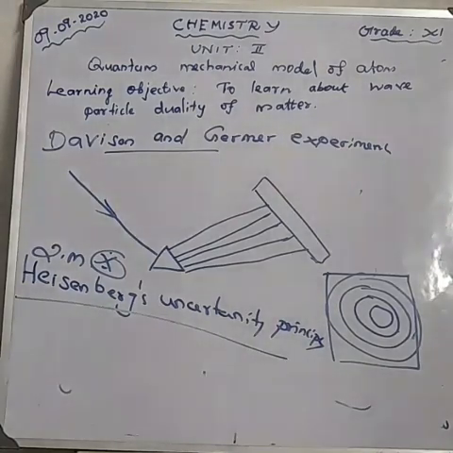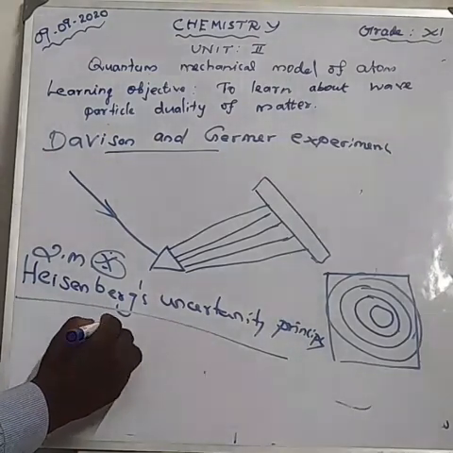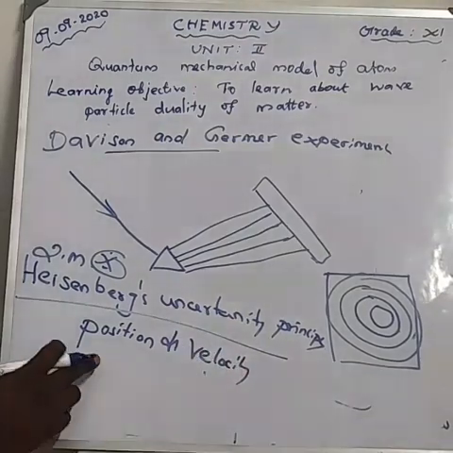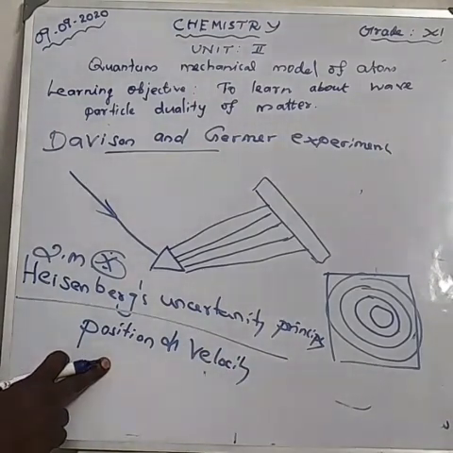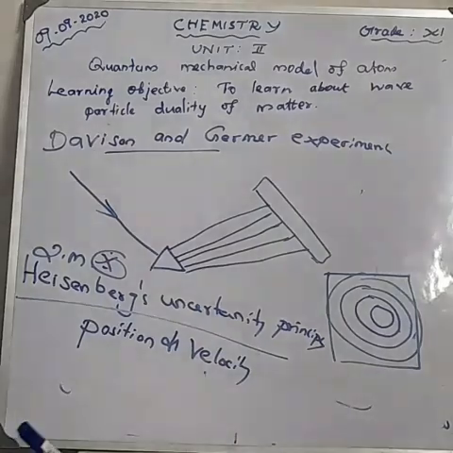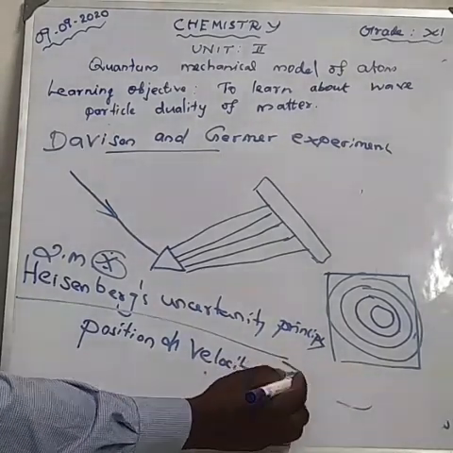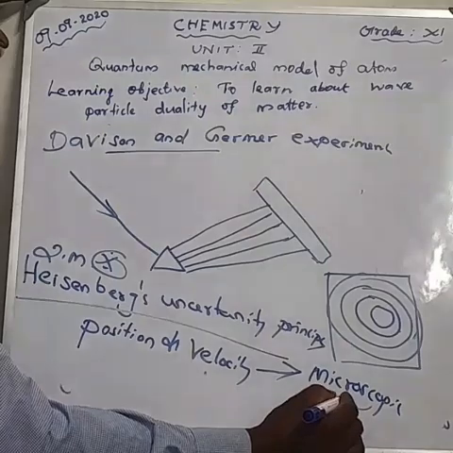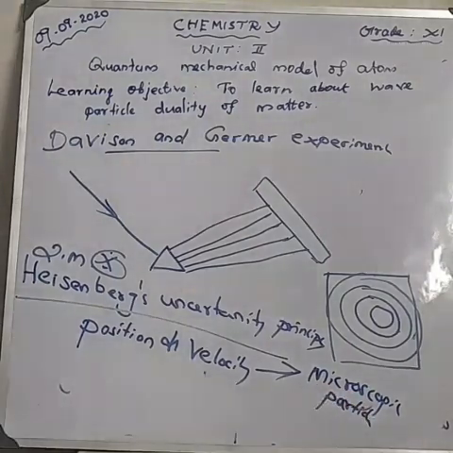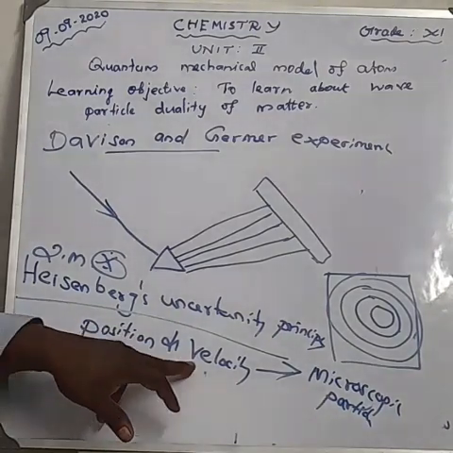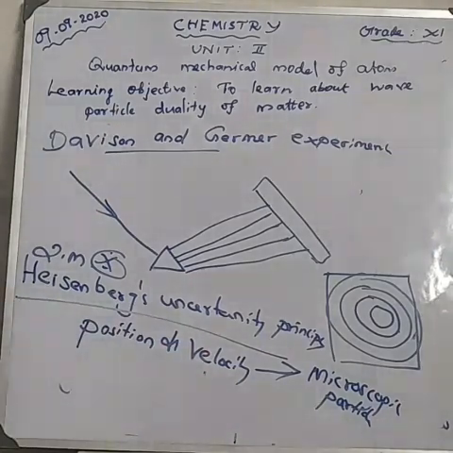It means it is impossible to measure simultaneously both the position and the velocity of a microscopic particle. Which particle? Not an ordinary particle, a microscopic one. It is impossible to measure both the position and the velocity of a microscopic particle absolutely or with accuracy.